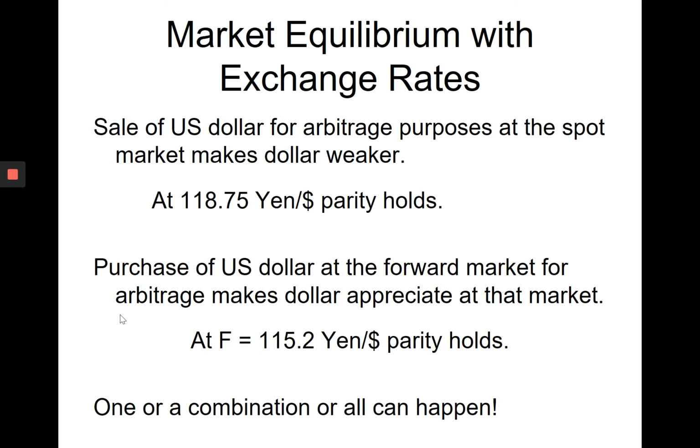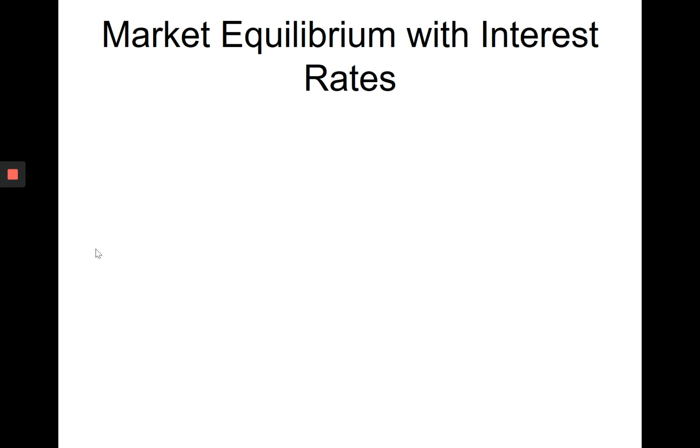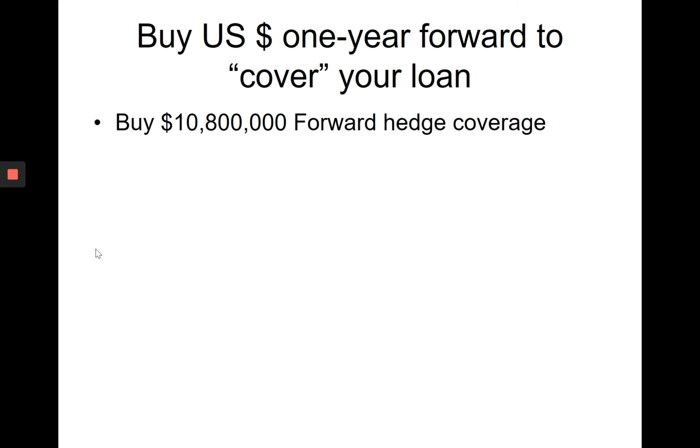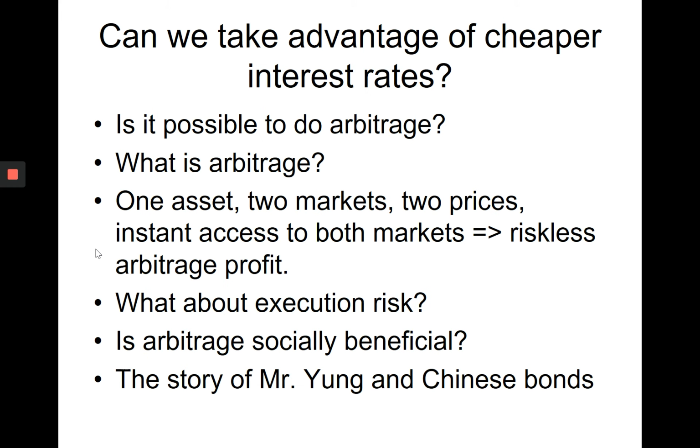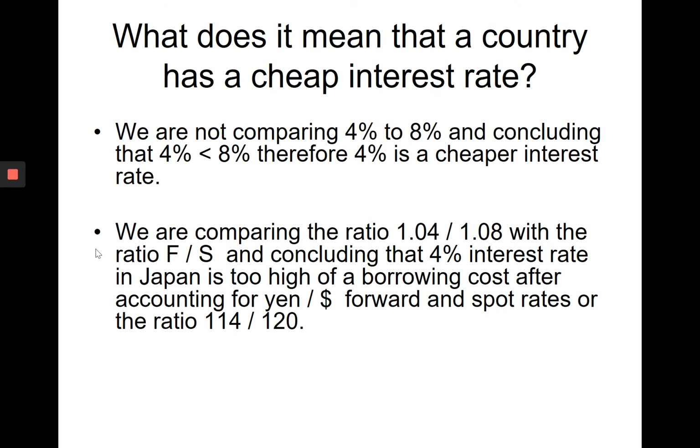Of course, we could also play with the other side of the equation. Let's see what I mean by other side of the equation. Let's go back to this equation.